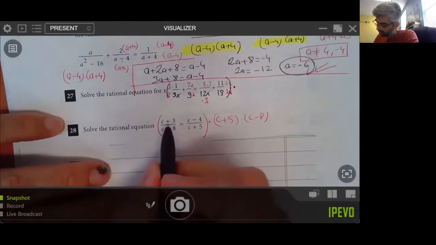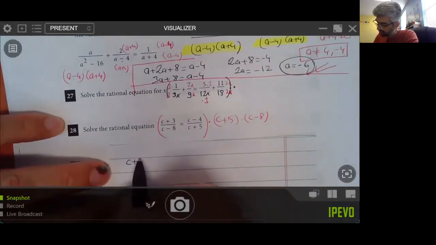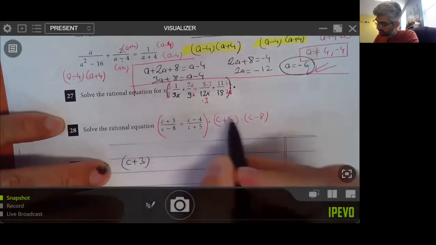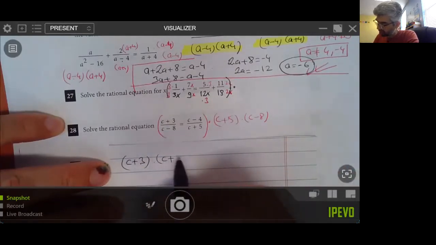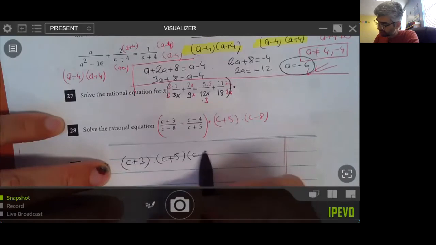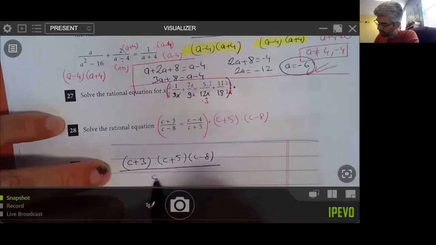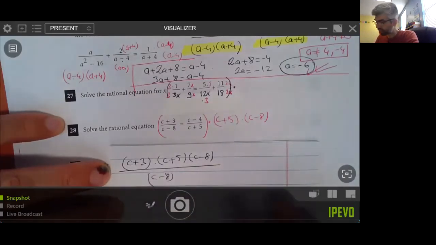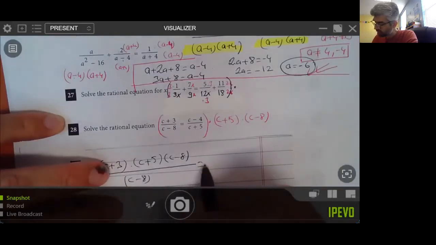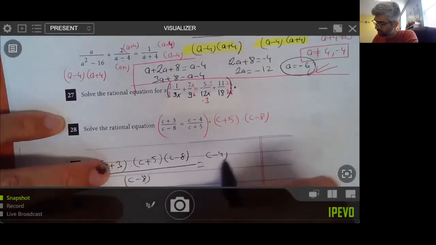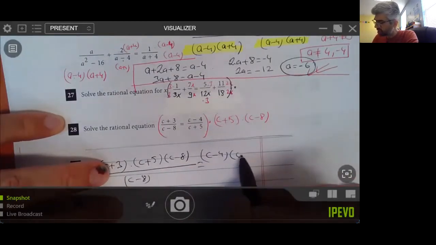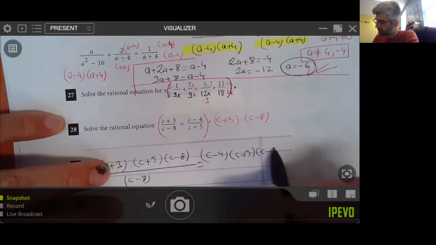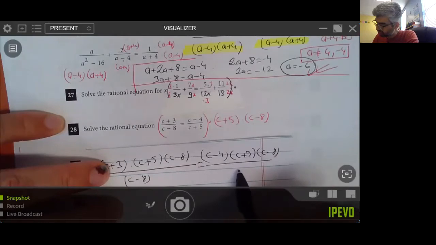Look at here now, c plus 3 times c plus 5, c minus 8 over c minus 8, you see, equals c minus 4 multiplied by this, c plus 5 times c minus 8 over c plus 5.